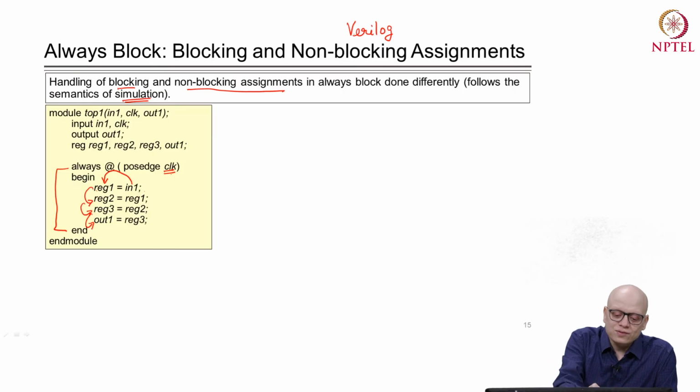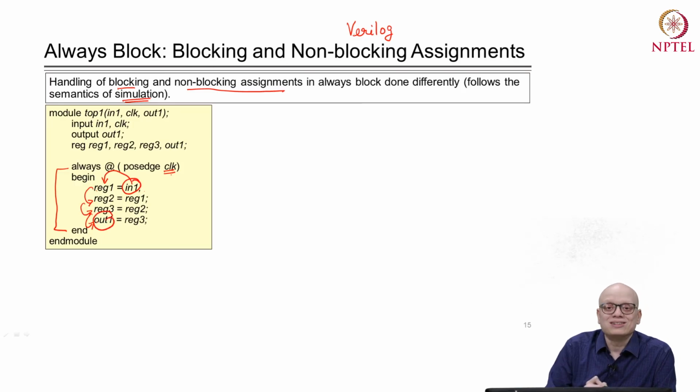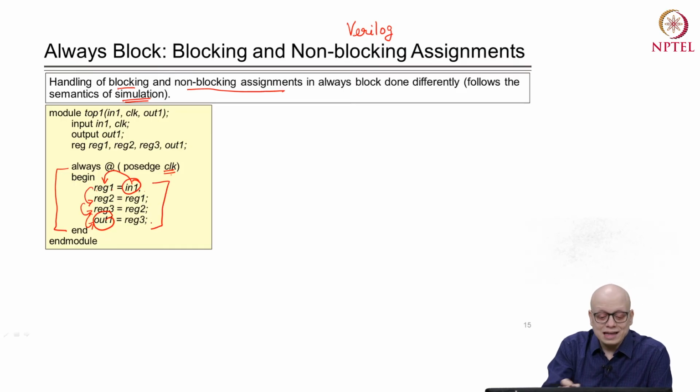So, in effect, whenever the positive clock edge appears, whatever was at in1 appears at out1, right. So, in effect, reg1, reg2, reg3 are redundant, right. What this always block is doing is that whatever is at in1 is passed to out1 whenever the clock edge appears, because all these statements are executed in sequence, and as a result, finally out1 gets the value of in1.